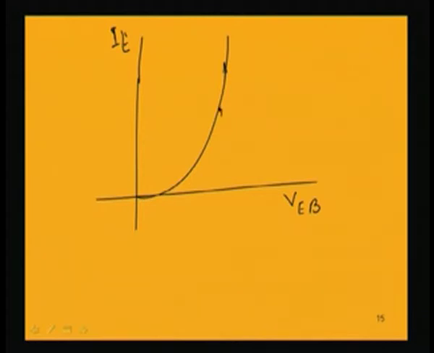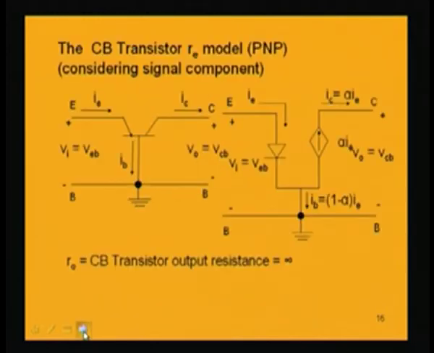So, if a particular point of operation is considered, say Q point of operation, this is the DC biasing current. Now, around this point a small portion if we consider, then del V, this is del I. So, the del V by del I, that will be the dynamic resistance of this diode. So, this dynamic resistance can represent the forward bias diode, and that is what we are going to do.